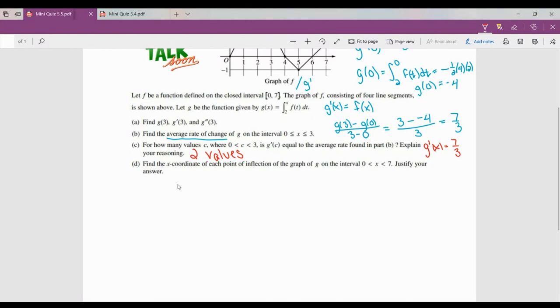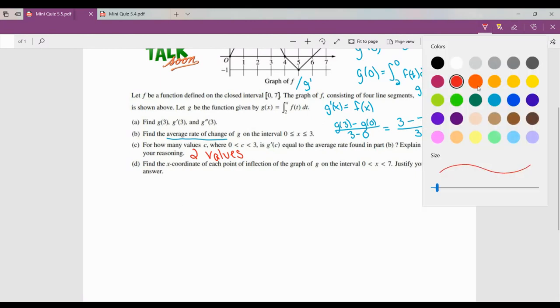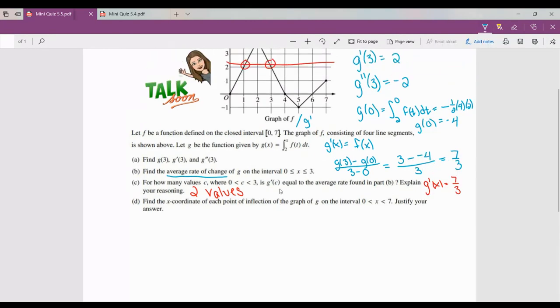Find the x-coordinate of the points of inflection of g. All right, so points of inflection, g double prime has to change sign. All right, so it changes signs.